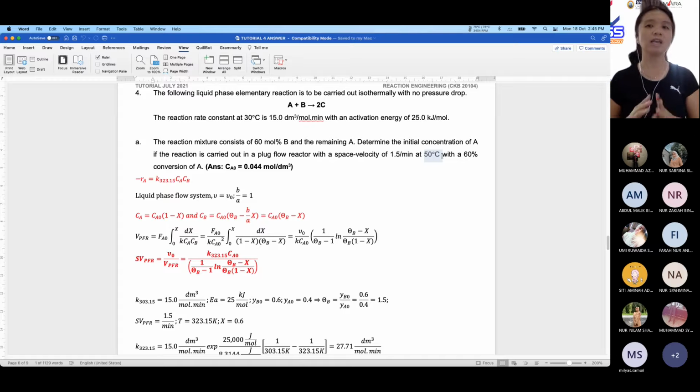So if you see you use k at any other temperature, your design equation is no longer valid. Because in our design equation, the only thing affected by temperature will be k. So you must know in your mind, okay, my k must be consistent at 50 Celsius. Okay, then it says 60% conversion. So X equals 0.6. Okay, so how do we do this?